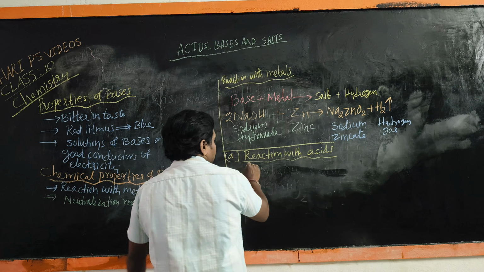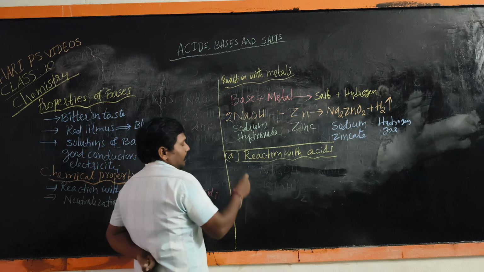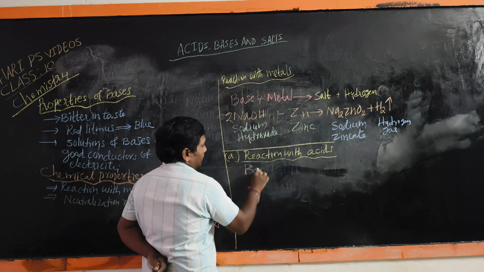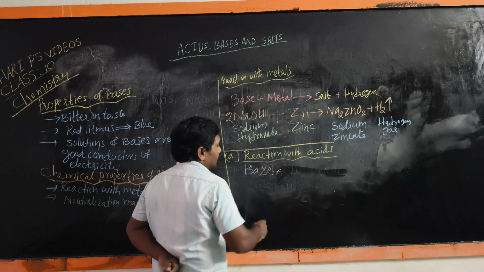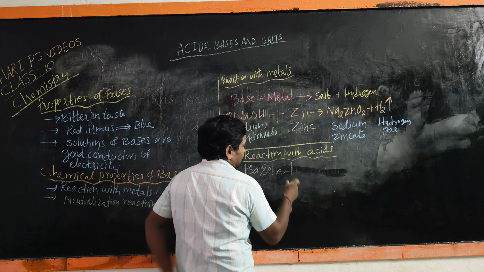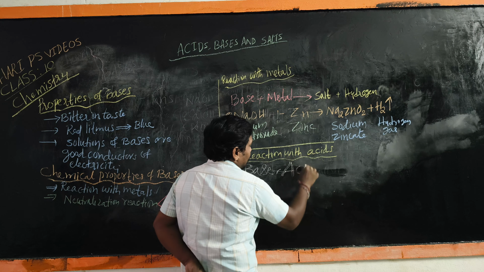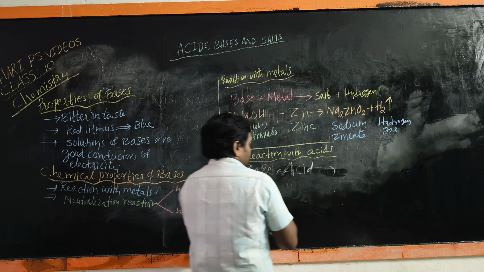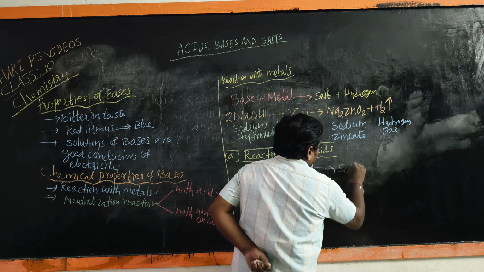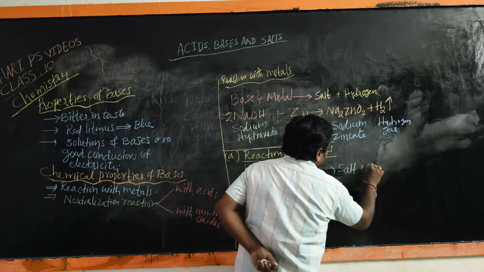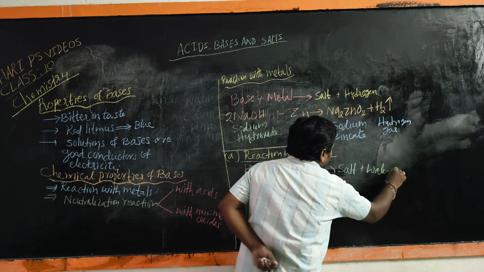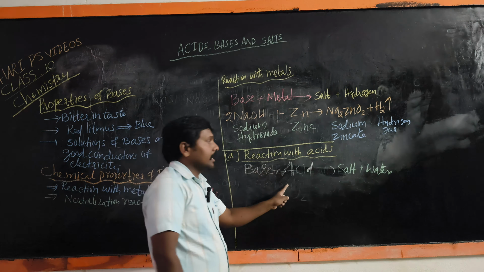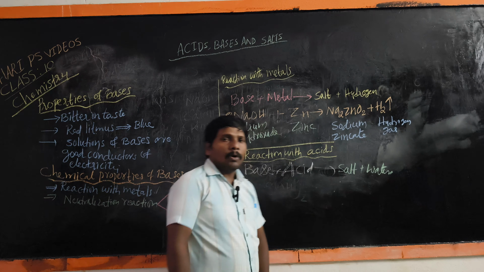Similarly, when bases react with acids, base plus acid gives rise to salt and water. Salt and water is obtained. A base reacts with acid to produce salt and water.